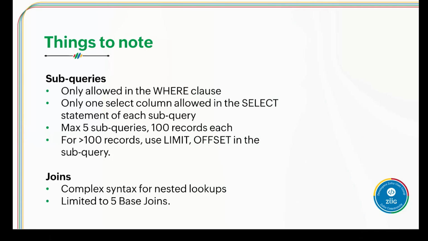When you're using base join, you can have a maximum of up to 5 joins, and if you're using select column join, you can have a maximum of up to 15 joins. So this is all about queries, subqueries, and joins in COQL API.